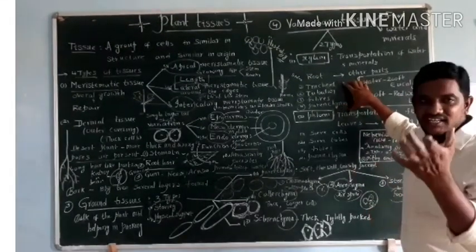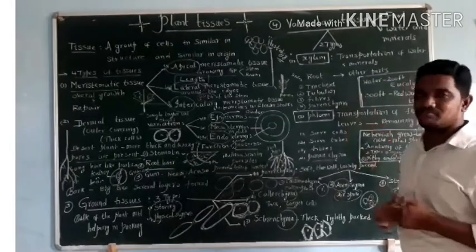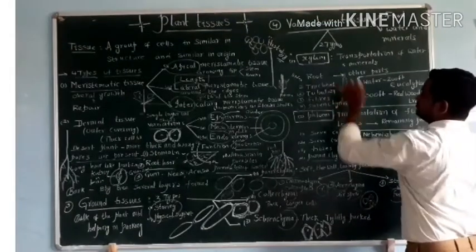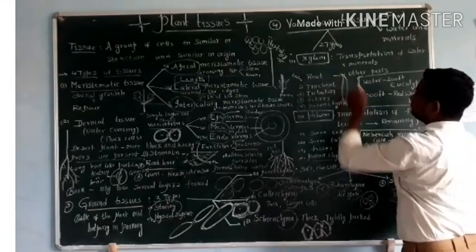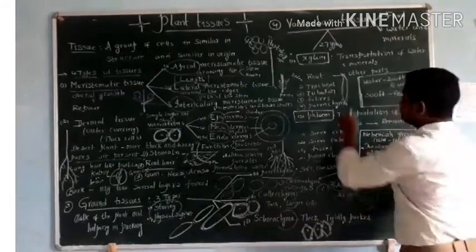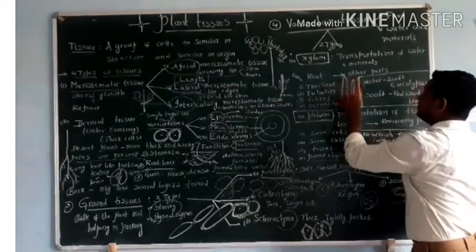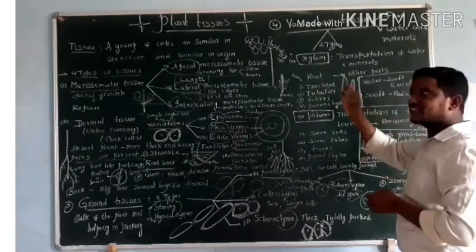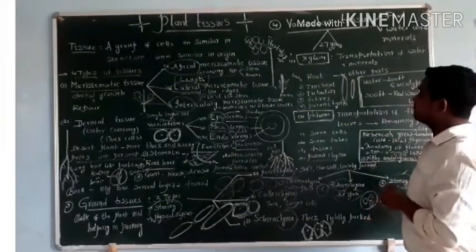It contains important cells: tracheids, tubular cells, fibers, and parenchyma. Tracheids are nothing but longer cells. Tubular cells are tube-like structures present inside the plant body for transportation of water and minerals.